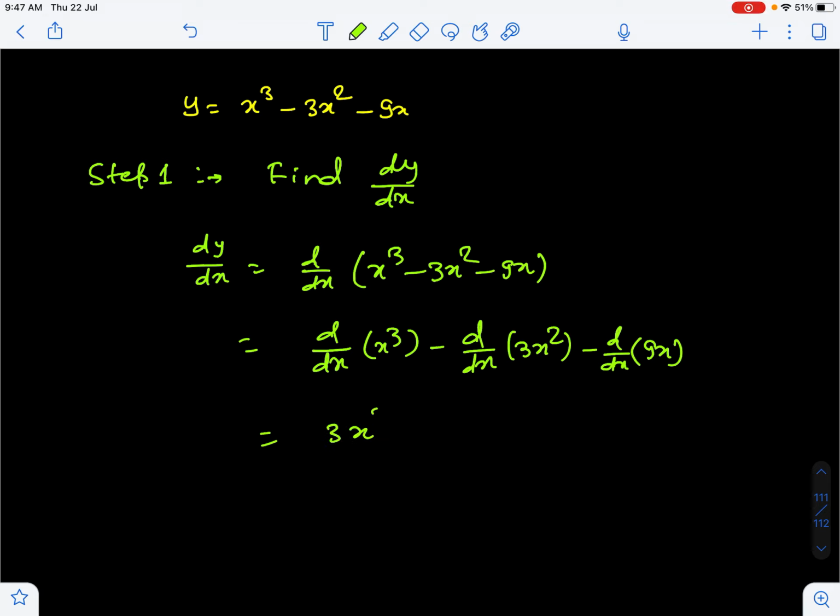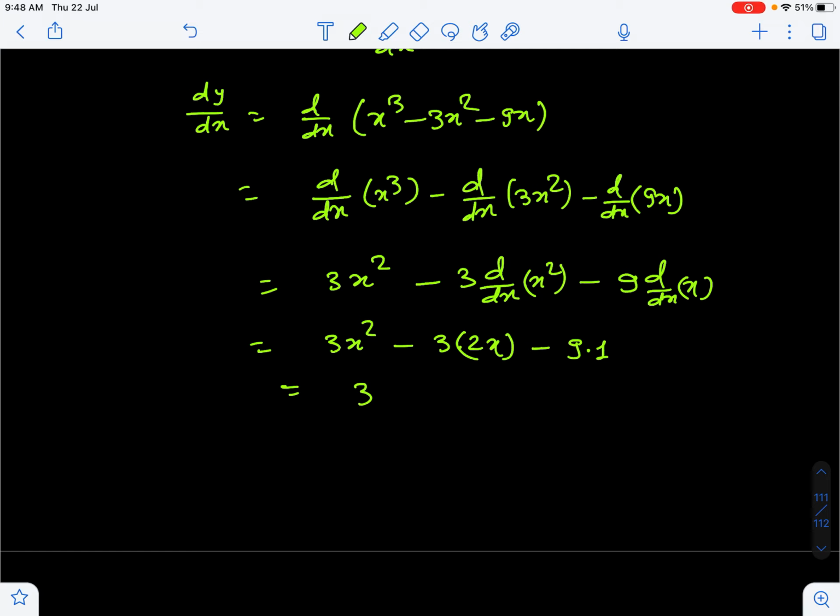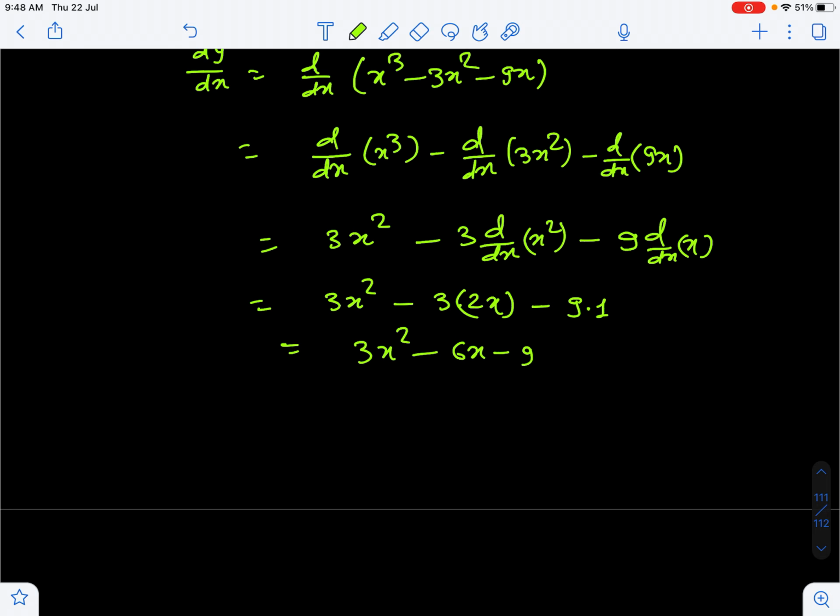The constant terms I take outside, 3 and 9, so d by dx of x square and d by dx of x. So this is nothing but 3x square minus 3 into 2x, and minus 9 into 1. So this is 3x square minus 6x minus 9.